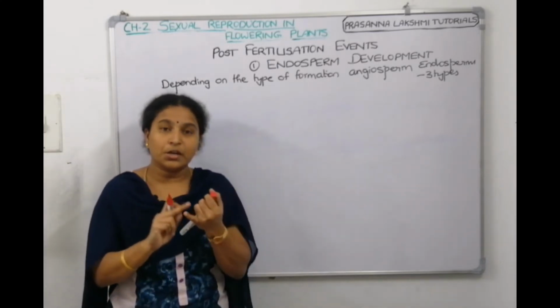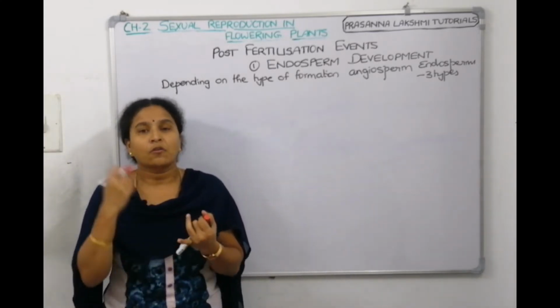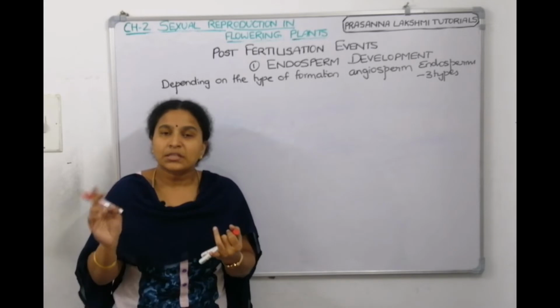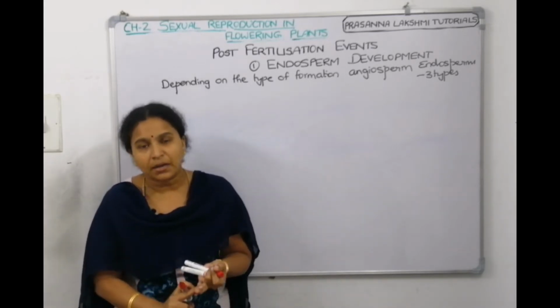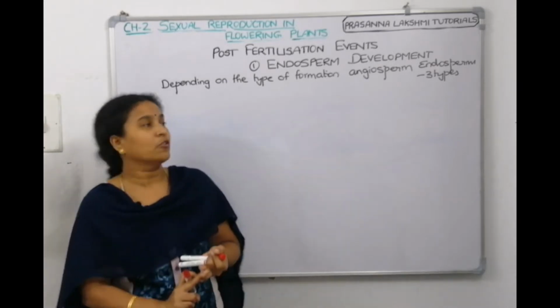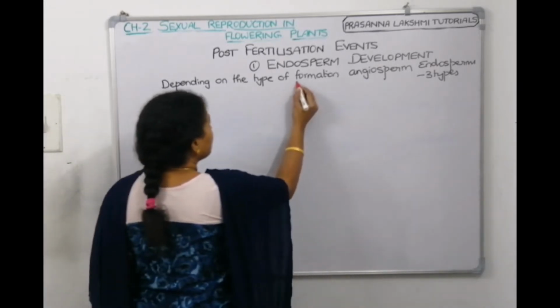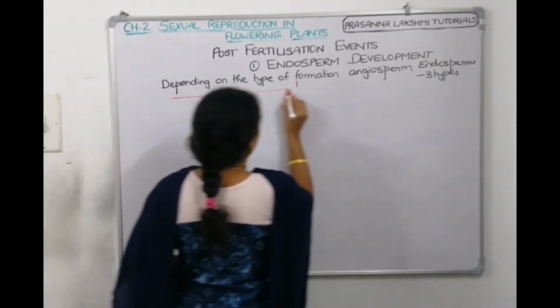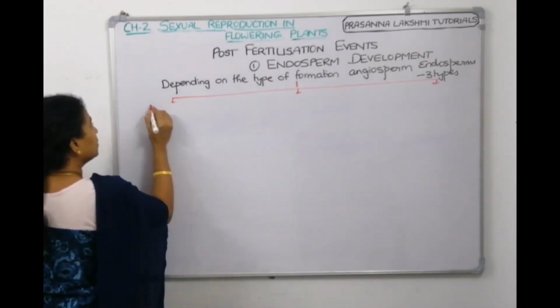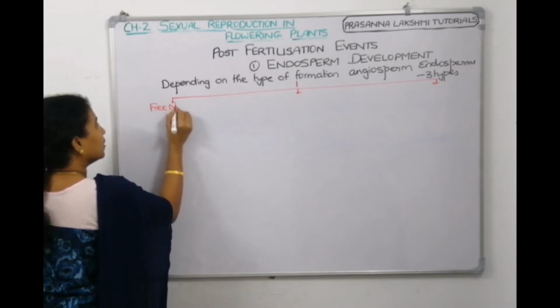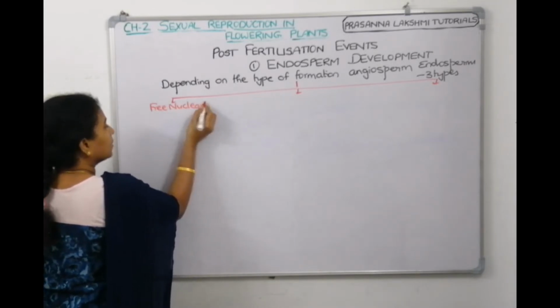First one is called nuclear endosperm or free nuclear endosperm. The second one is called cellular endosperm. The third one is called helobial endosperm. So, what are the 3 types of endosperm formation? What is the first one, children? Free nuclear endosperm.